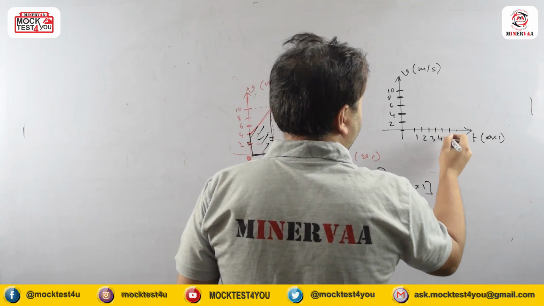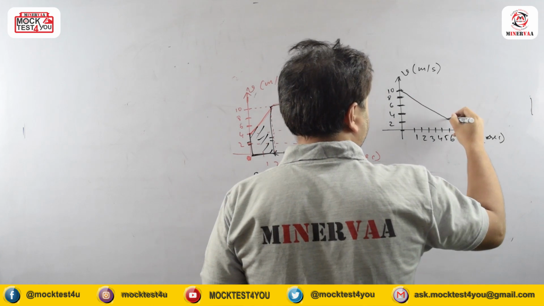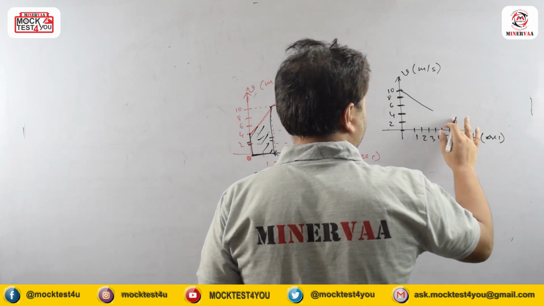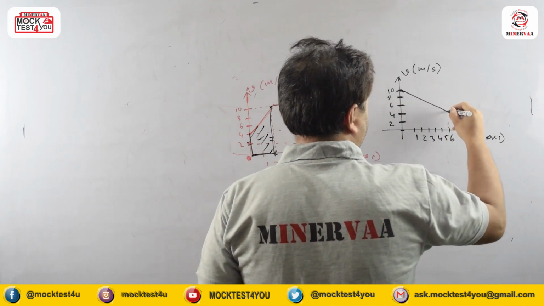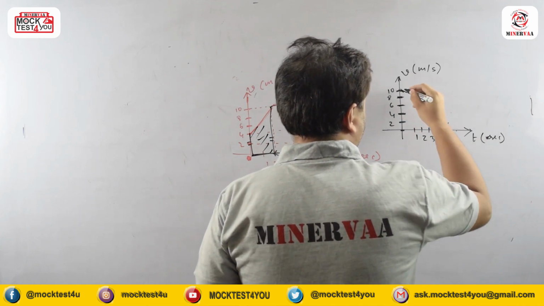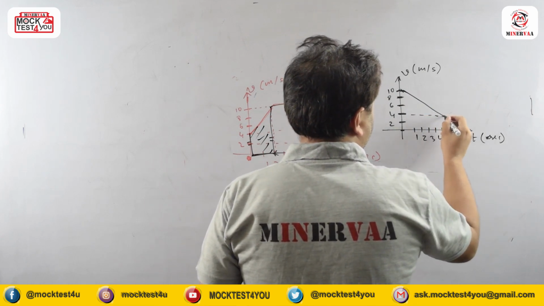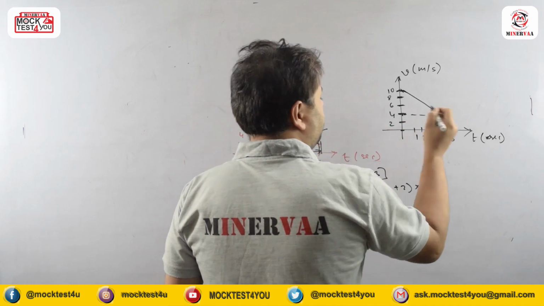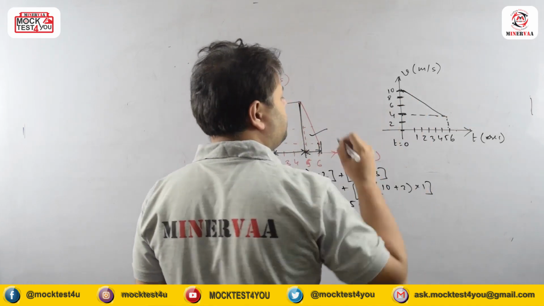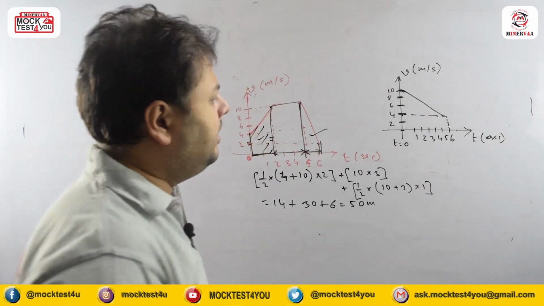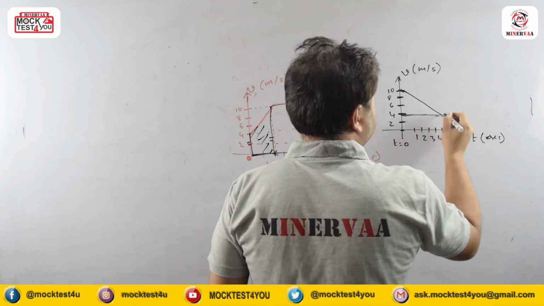One, 2, 3, 4, 5, 6 seconds are there. So here at the beginning, t equals 0, the velocity was maximum, 10 meter per second. Now at 6 second time it is 4 meter per second.